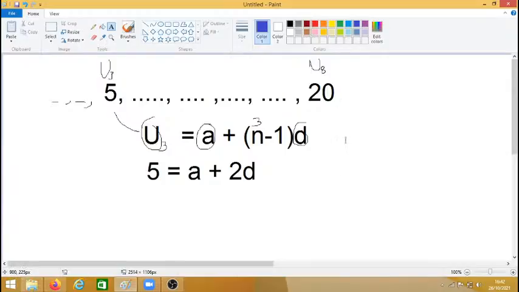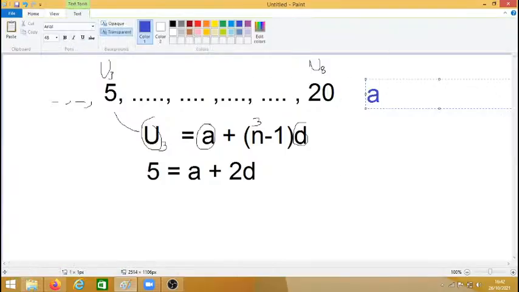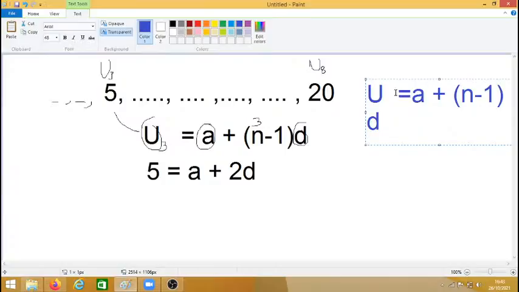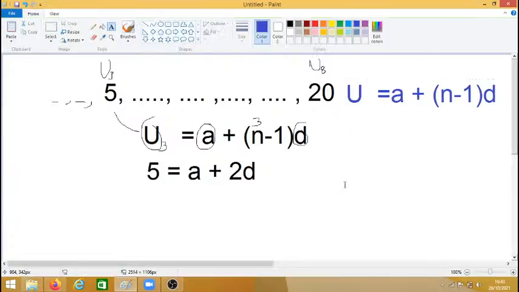Now let's focus on the u8 here. So we'll do a similar thing with the u8. General formula is a plus (n minus 1)d. And let's focus on u8. So it's the same sequence, it's just we're looking at a different number within the sequence. We're looking at the 8th number.